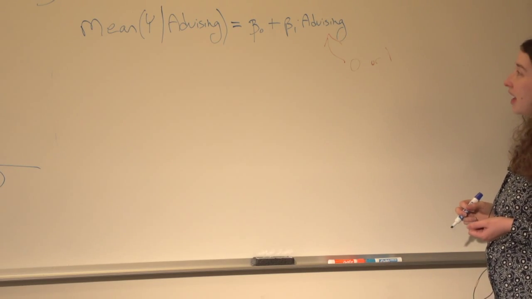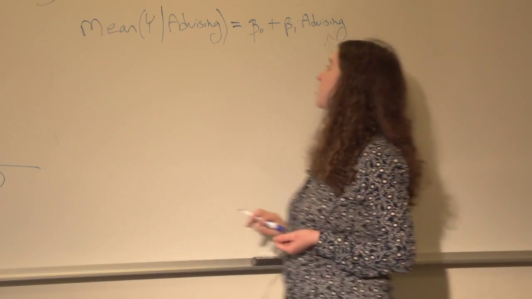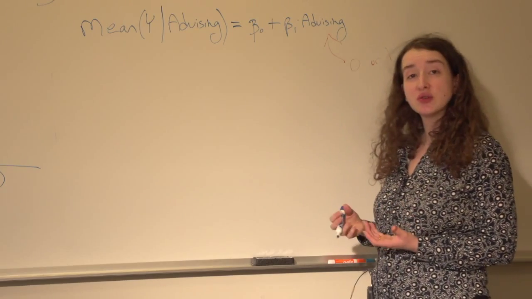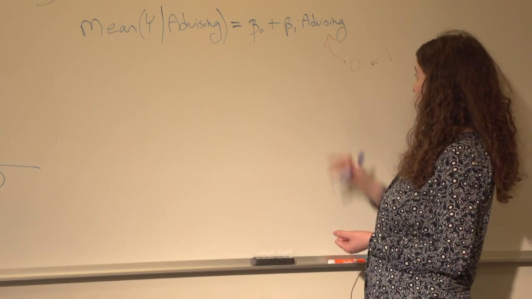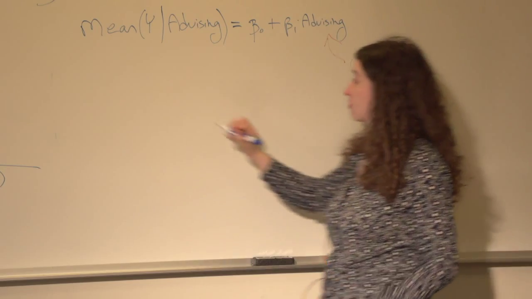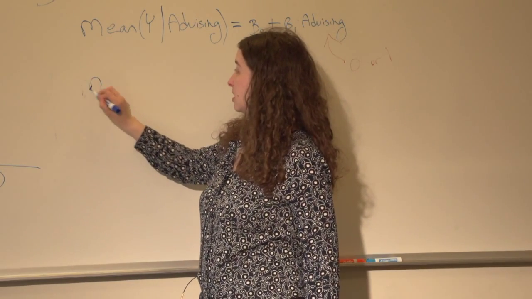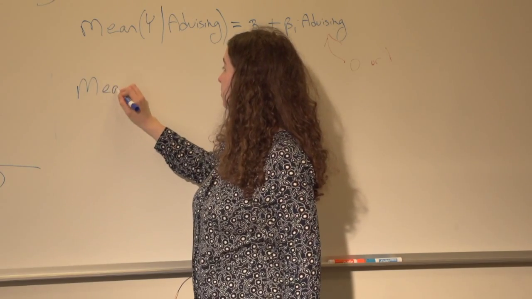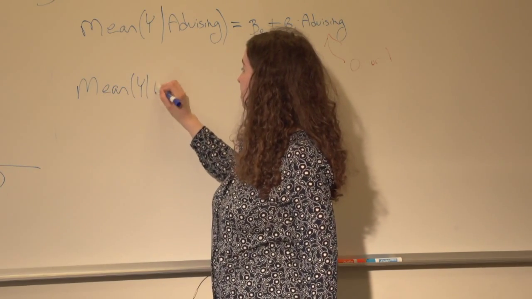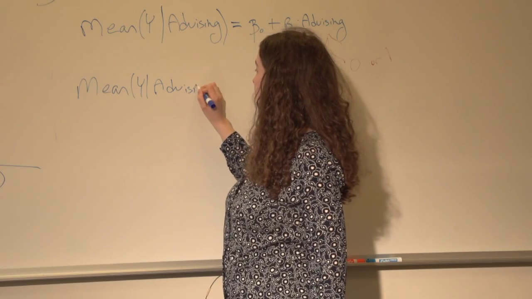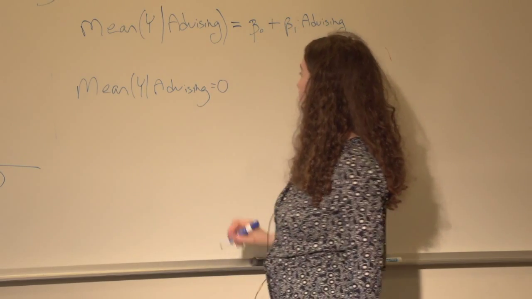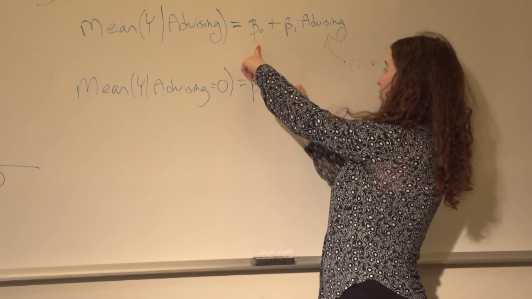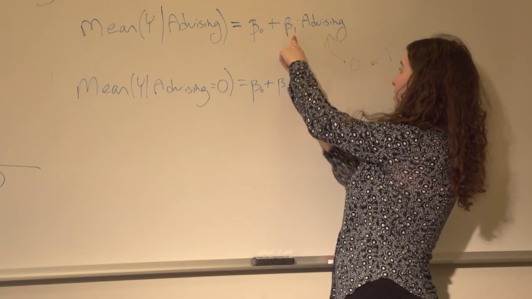So how does this equation relate to that picture? The idea is that if you give me a particular student, and you tell me that she had no advising, then I will use this equation. I'll say, okay, well, the mean GPA, given that advising is equal to 0, because the student didn't have any advising, is equal to beta 0 plus beta 1 times 0.